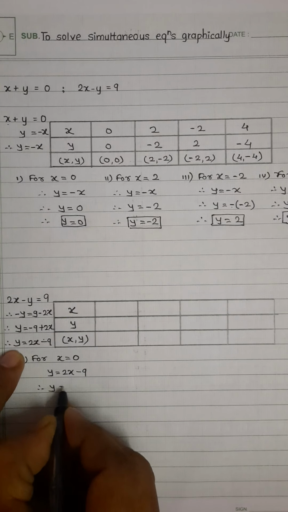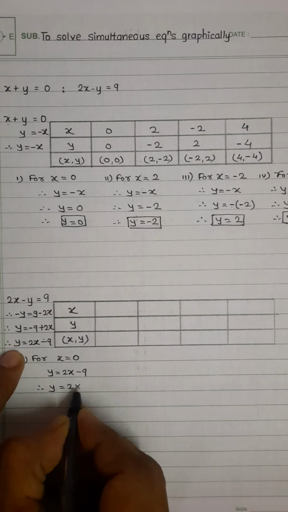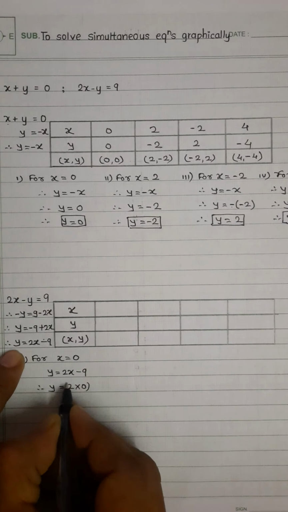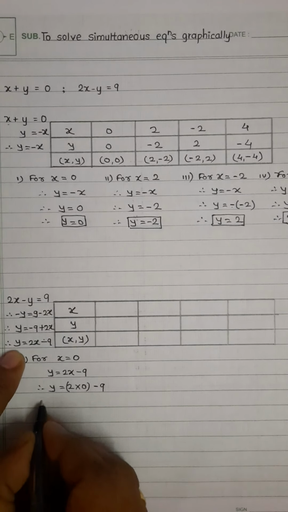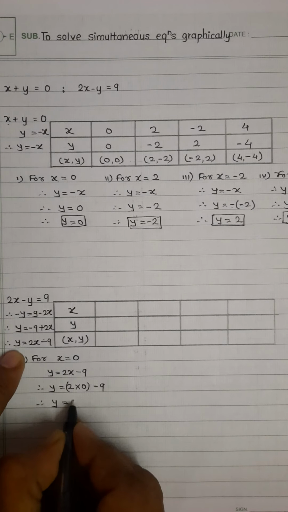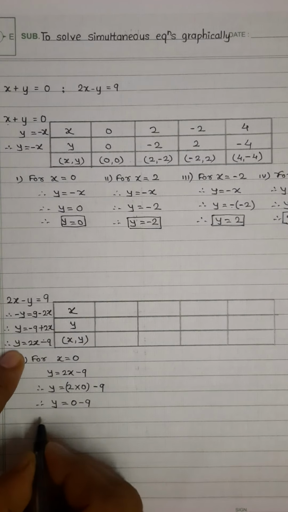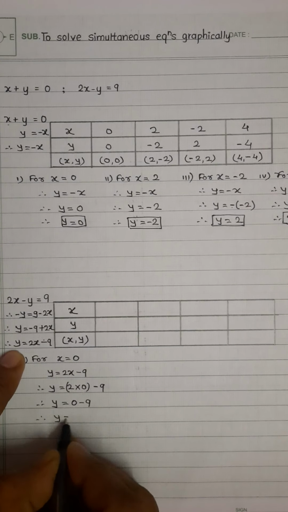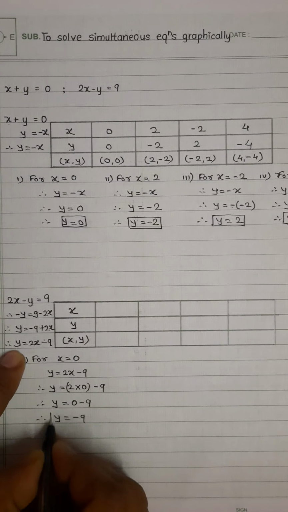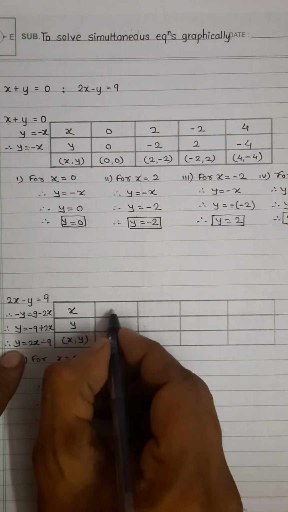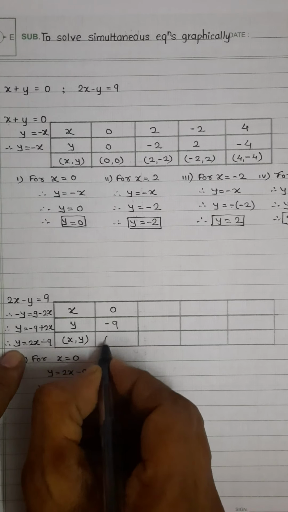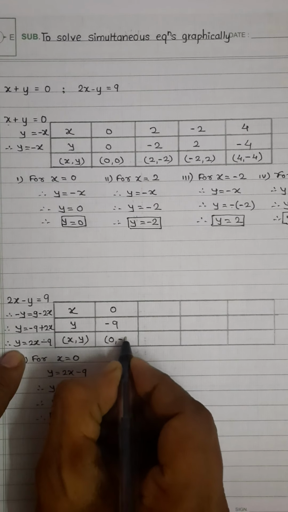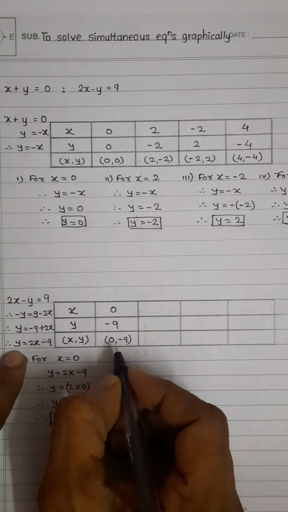Therefore we get here y is equal to 2 into 0. Put it in a bracket, that will be easy to solve further. Then here it is y is equal to 0 minus 9. Therefore we get here y is equal to minus 9. This is the first value. Therefore we write here x is equal to 0, y is equal to minus 9, and order pair is 0 and minus 9.